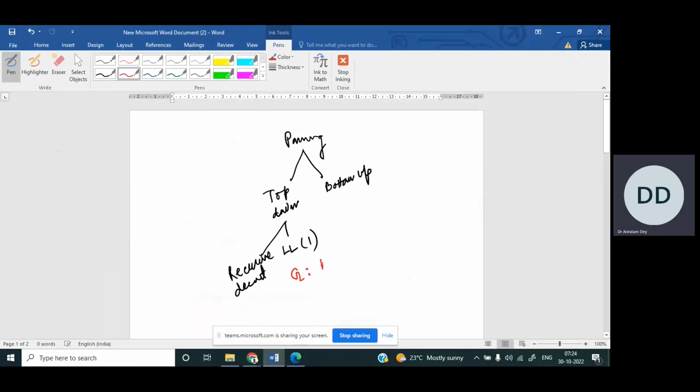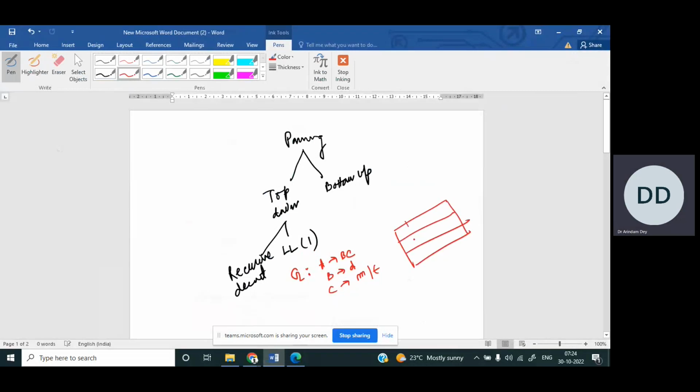production rules were given. For example, A to BC, B to D, C to M or epsilon, like that. For that grammar, when they asked us to check whether the grammar is LL1 or not, that means whether the grammar is fit for top-down parsing or not, then corresponding to that grammar, we have to generate a predictive parsing table.